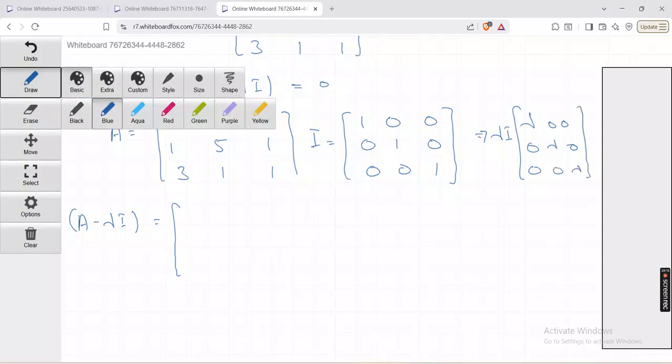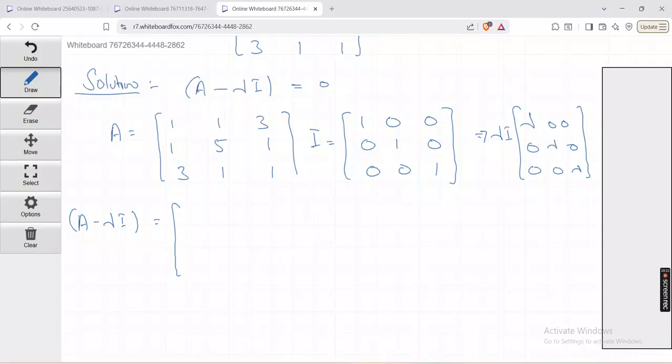Now you subtract it, the same as for the 2 by 2 matrix, but now it's a 3 by 3 matrix. So 1 minus lambda, 1, 3; 1, 5 minus lambda, 1; 3, 1, 1 minus lambda, which is equal to 0.